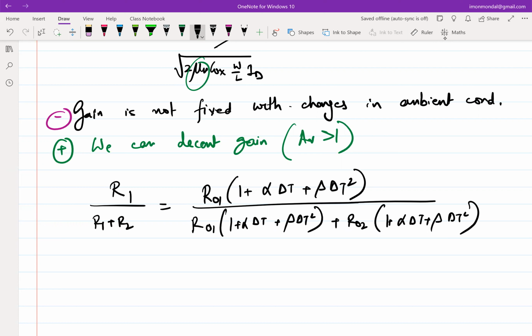Provided these alphas and betas are identical for both resistors, then it really doesn't matter whether the changes are linear or non-linear. Provided these coefficients of change, alpha and beta, are identical, then it really doesn't matter.